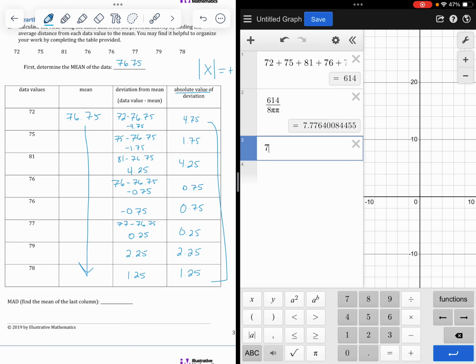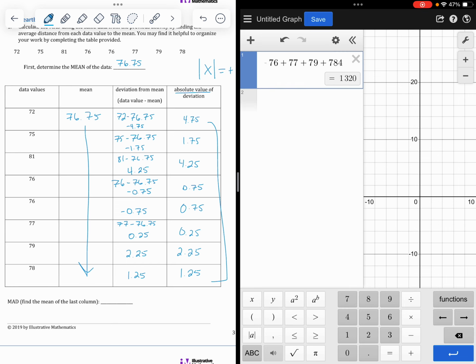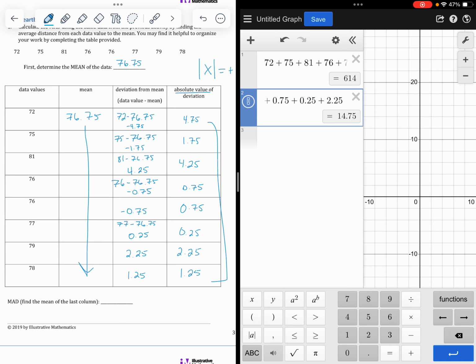So 4.75 plus 1.75 plus 4.25 plus 0.75 plus 0.75 plus 0.25 plus 2.25 plus 1.25 divided by 8.